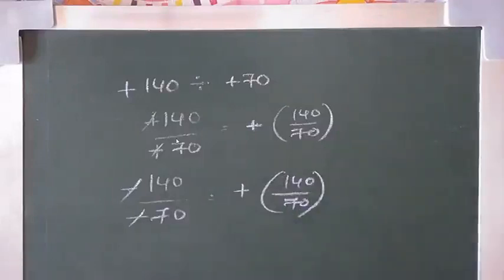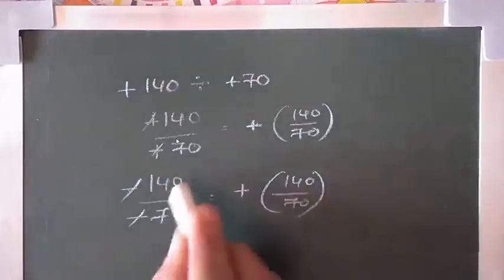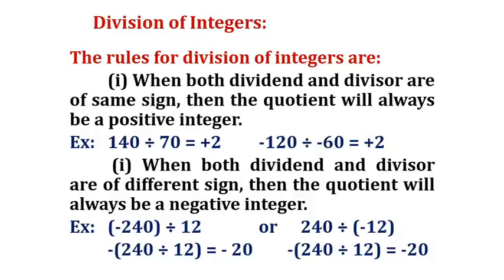Both the divisor and dividend having the same sign, then the quotient will always be a positive integer only.